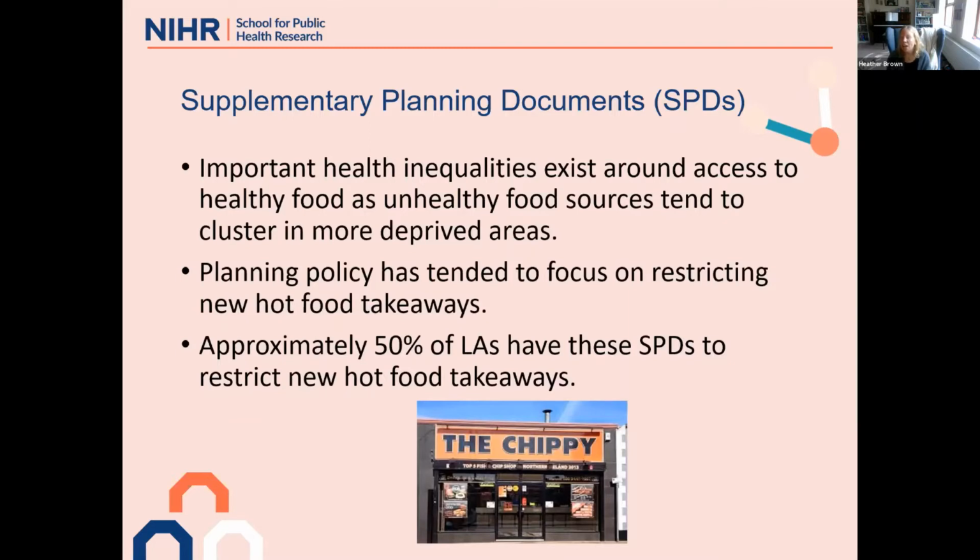There is a lot of existing evidence that shows that consumption of this type of food frequently leads to a poorer diet and poorer health outcomes. So given this health evidence and the need for multi-sector working, approximately 50% of local authorities have these SPDs, supplementary planning documents, to restrict new hot food takeaways in order to promote health in the local area.